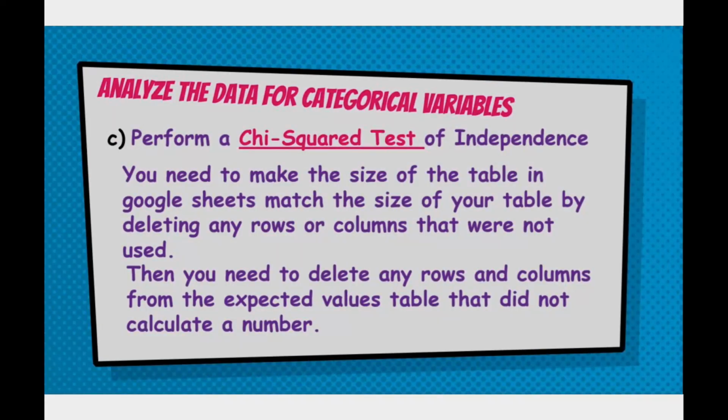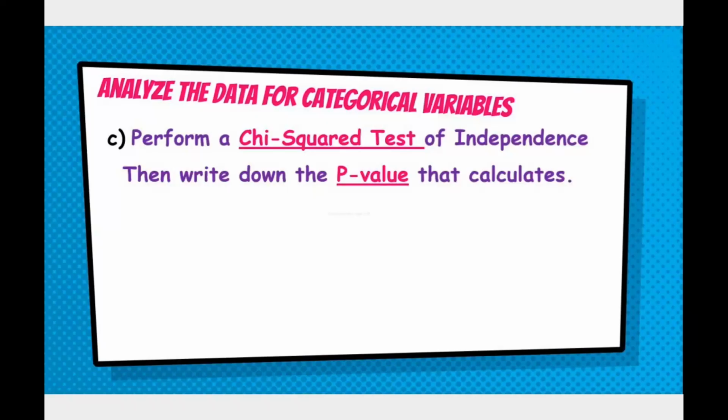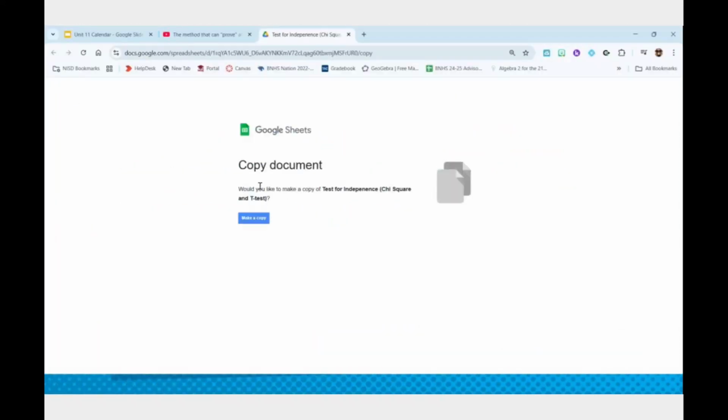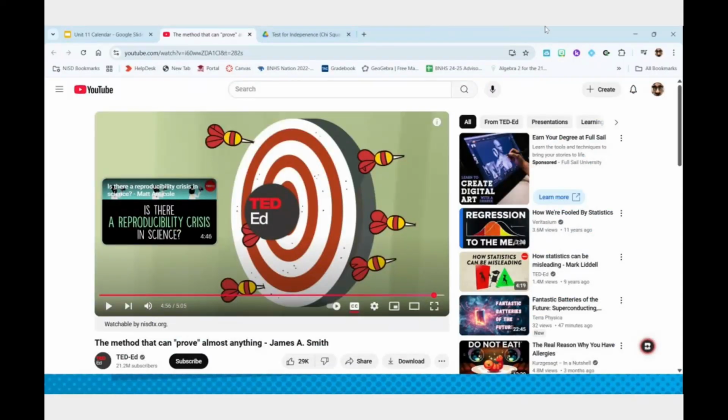Then you need to delete any rows and columns from the expected values that you did not calculate, and then write down the p-value that it calculates. Once we have that p-value, we're going to compare that to the 5%, and I will click on this link real quick so we can watch that. Oops, wrong thing.